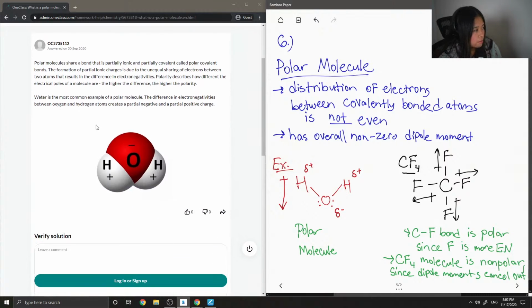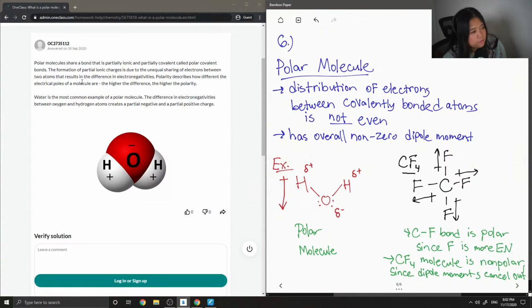Okay, so the junior tutor said polar molecules share a bond that is partially ionic and partially covalent called polar covalent bonds. Formation of partial ionic charges is due to the unequal sharing of electrons between two atoms that results in the difference in electronegativities. Polarity describes how different the electrical poles of a molecule are.